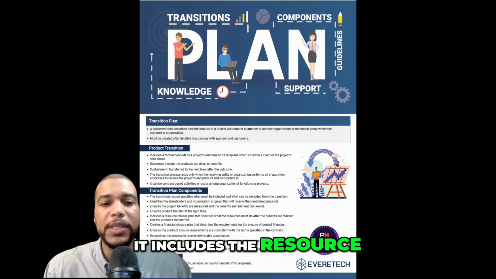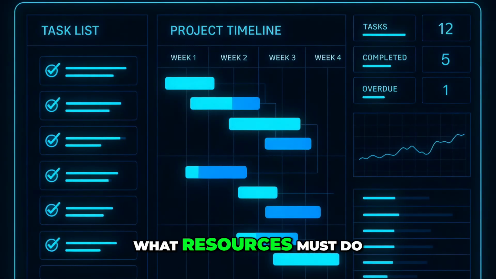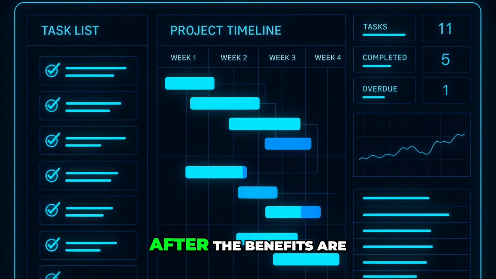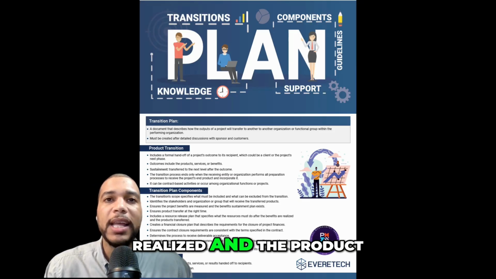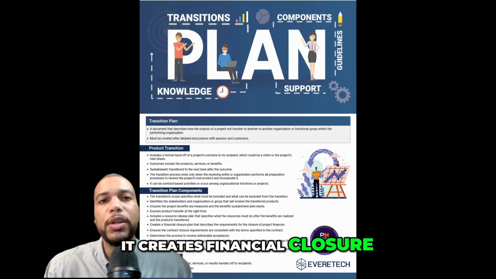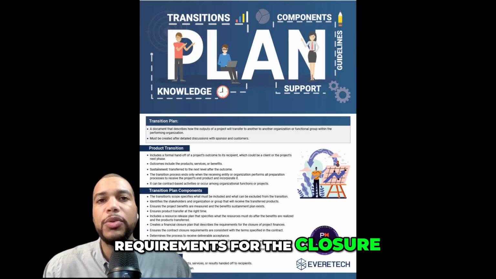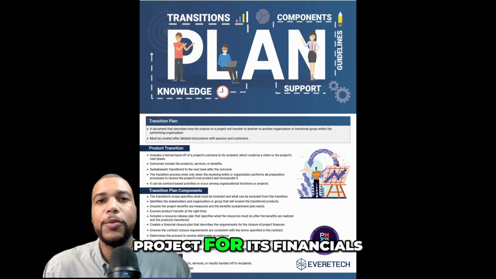It includes the resource release plan, and it also specifies what resources must do after the benefits are realized and the product is transferred. It creates financial closure plans that describe the requirements for the closure of the project for its financials.